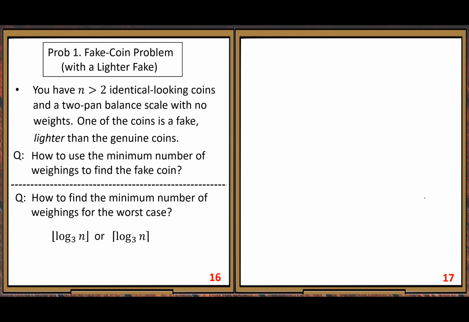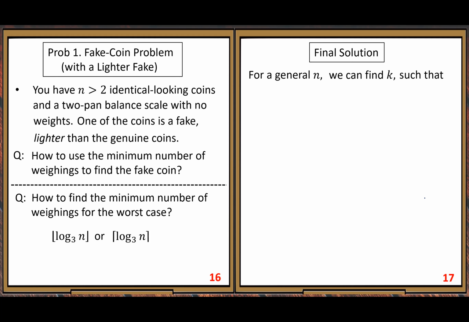Okay, so here is our final solution. Given a general N, an arbitrary N greater than 2, we want to find some integer K such that N is between these two numbers.